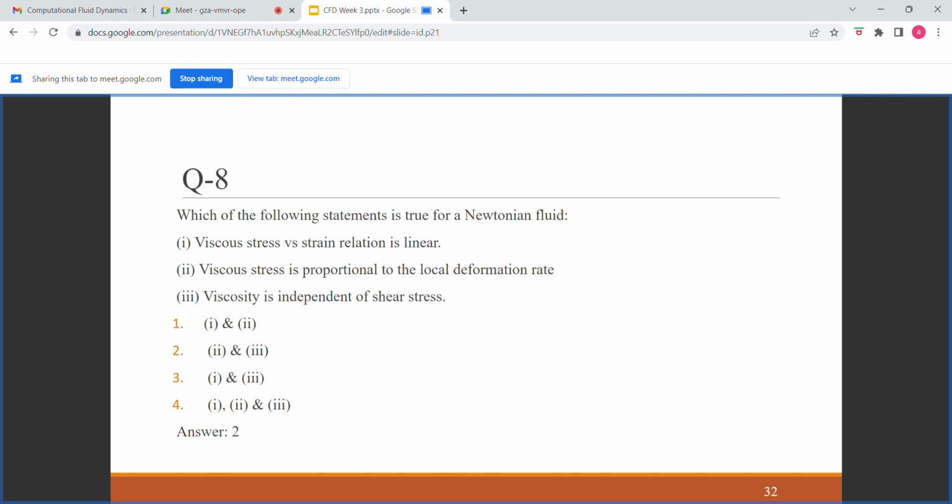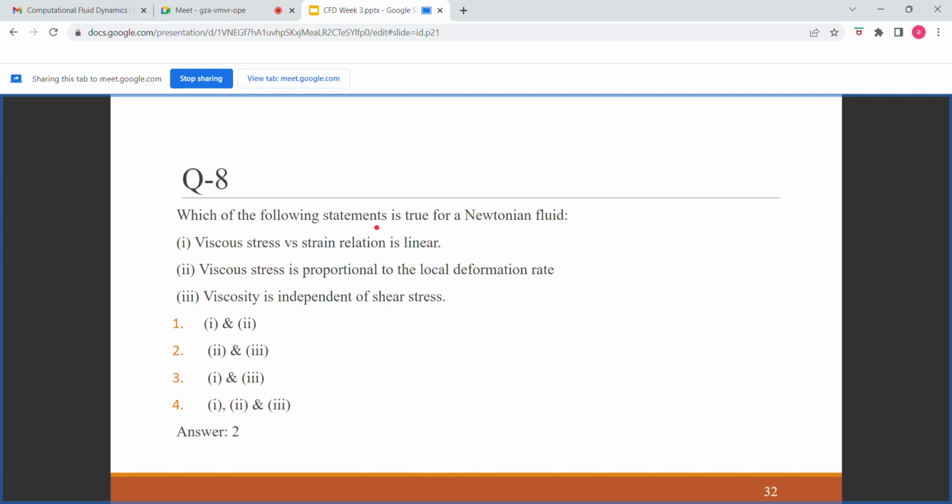So in question 8, it is asked: which of the following statements is true for a Newtonian fluid? Option 1: viscous stress versus strain relation is linear, and viscous stress is proportional to the local deformation rate. Viscosity is independent of shear stress. So what is a Newtonian fluid?